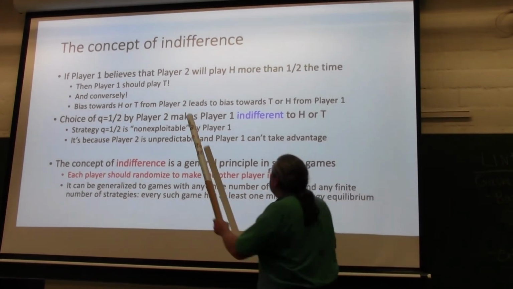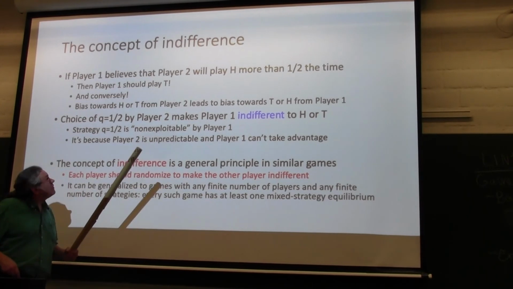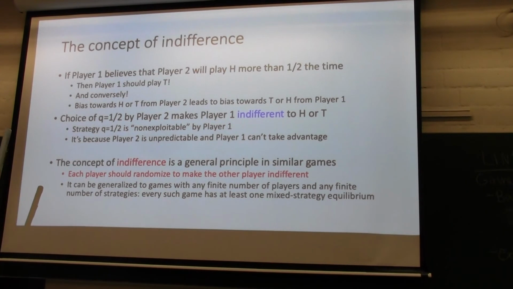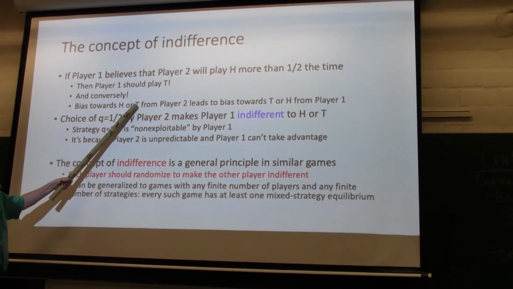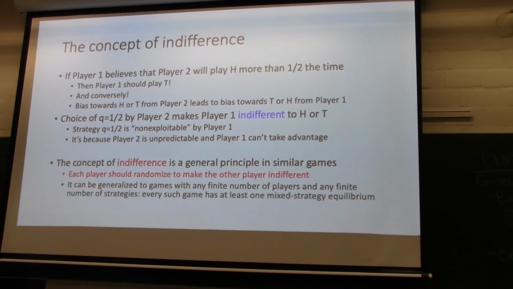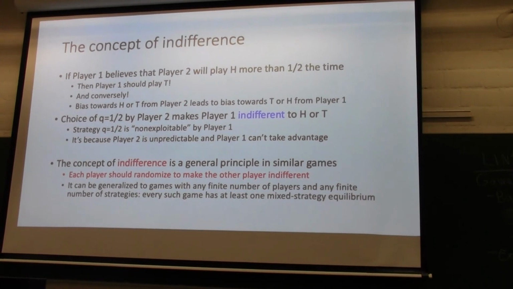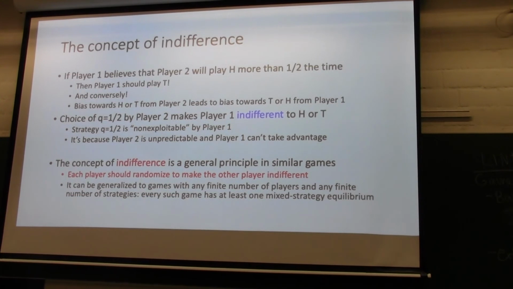If player 1 believes that player 2 will play H more than half the time, then player 1, of course, should play T to get some advantage. Okay? So if there's any bias towards H or T, then the other player should take advantage of the bias. If player 2 is playing lots of H's, then it's clear player 1 should play lots of T's to get some advantage.